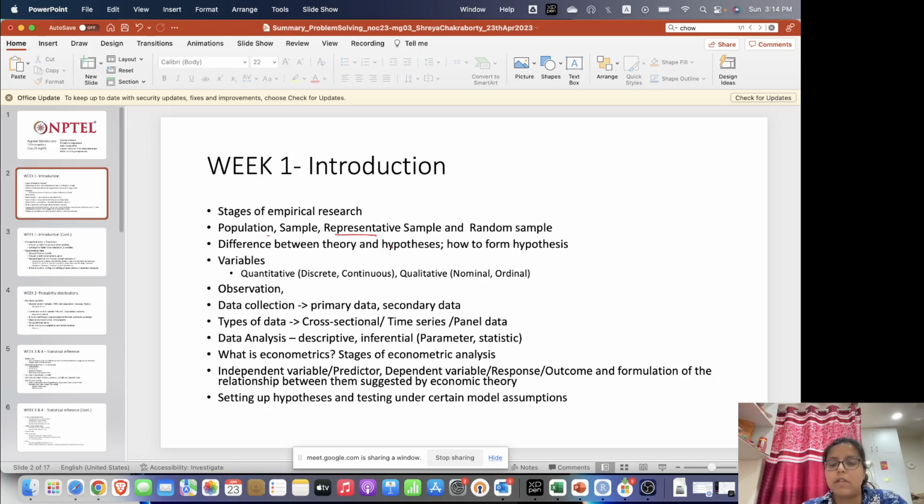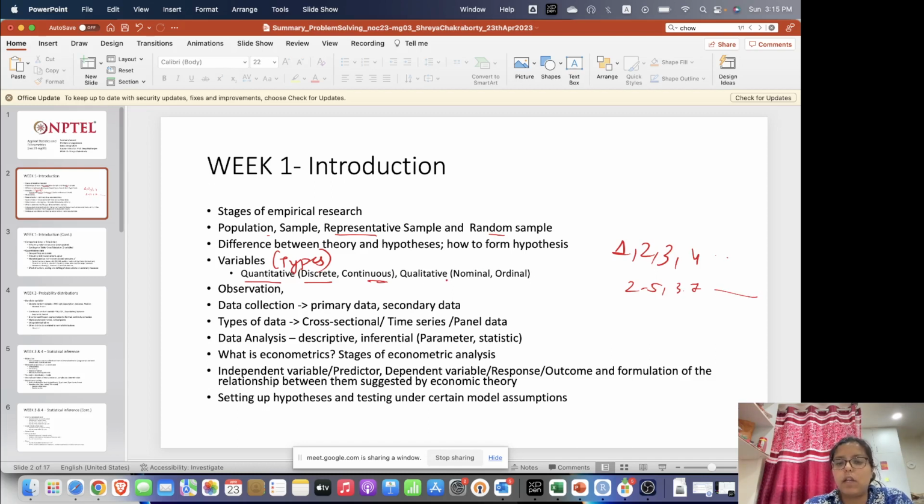What do we mean by a representative sample and a random sample? What is the difference between theory and hypothesis? How to formulate a hypothesis? Then we learnt about the types of variables. Quantitative variables could be discrete, taking values 1 2 3 4 and nothing in between, or continuous, like 2.5 or 3.7, taking any value on the real line.